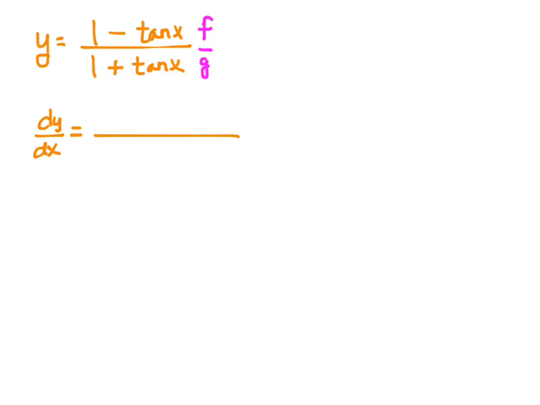So I'll start out with f prime, the derivative of my numerator. The derivative of 1 is just 0, and the derivative of negative tangent x would be negative secant squared x. So that's my f prime. I'm going to multiply times g, which is 1 plus tangent x, minus g prime.